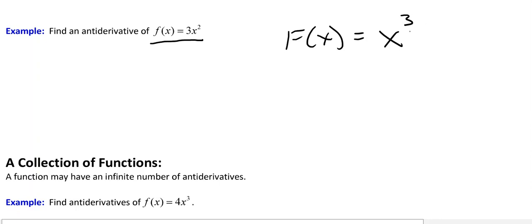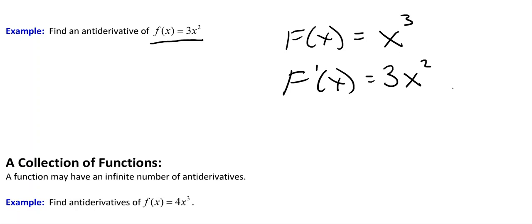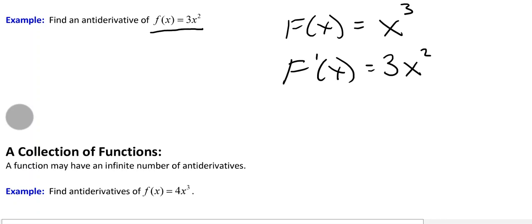You can show that this is true by applying the power rule for finding derivatives: for F prime of x, we bring the exponent down in front, multiply it by x, and subtract 1 from the exponent. With simple problems like this, it's not too difficult to find the antiderivative, but we're going to develop a process or a formula for finding it for even more difficult ones.